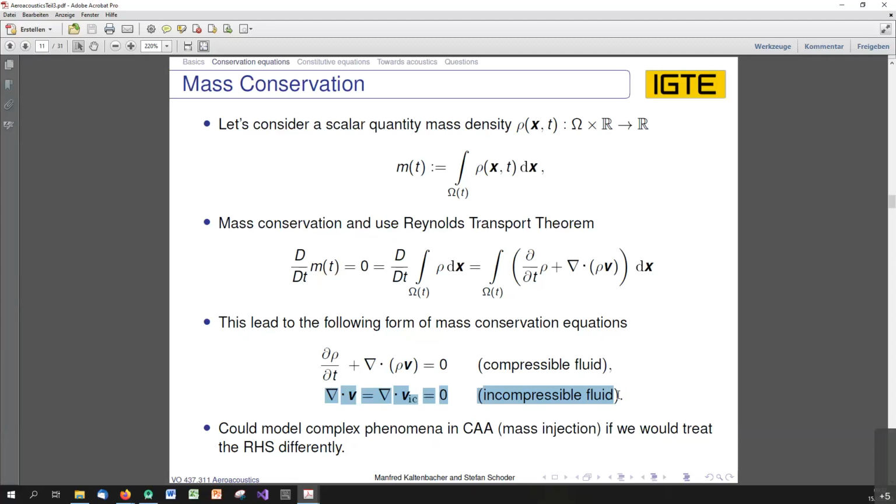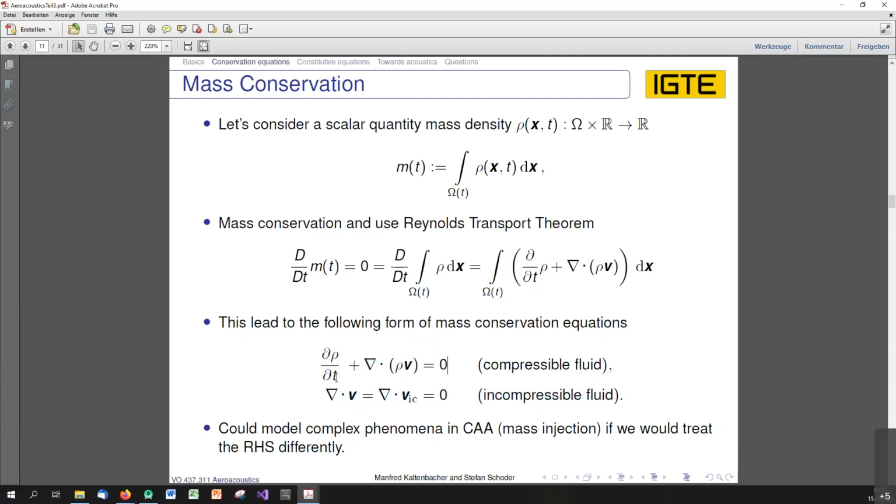Okay, everyone got that? So I draw a short conclusion on the mass conservation. So we have an integral form of the mass conservation. We can derive for a general compressible fluid the local conservation of mass, which is here.